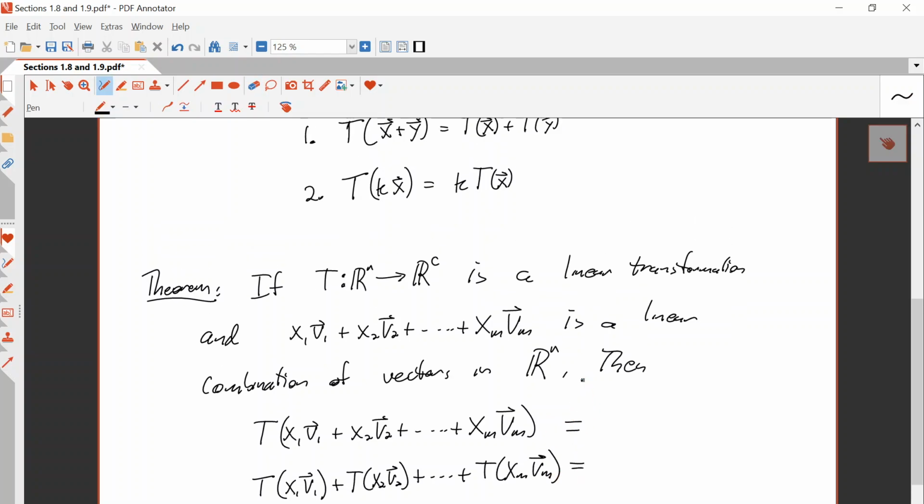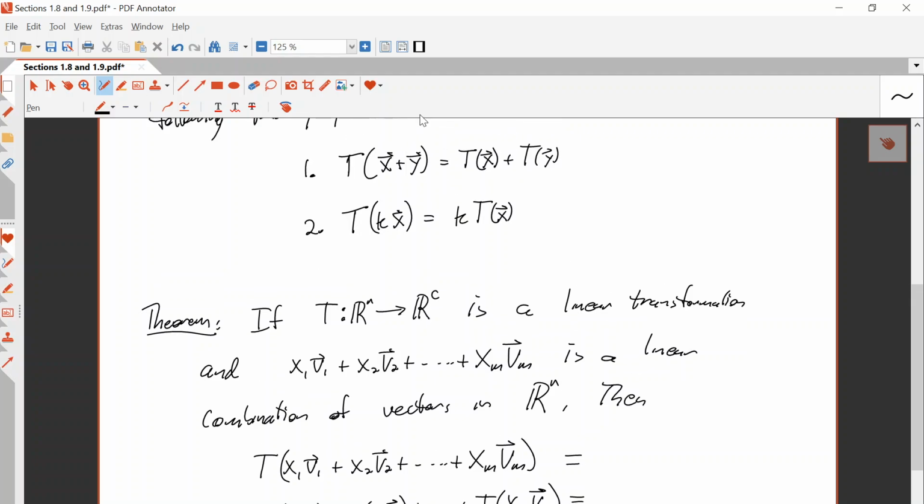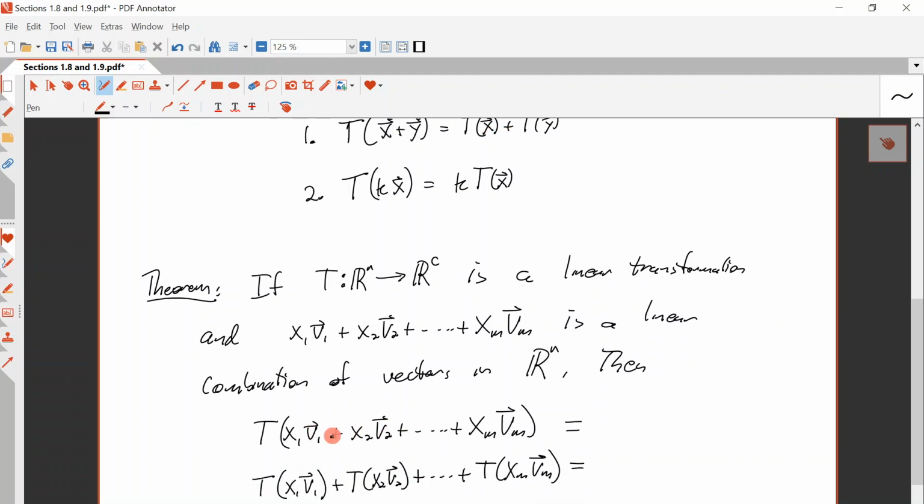You can apply property 1 and break up the sum inside of T to be a sum outside of T, and that's what I did here.